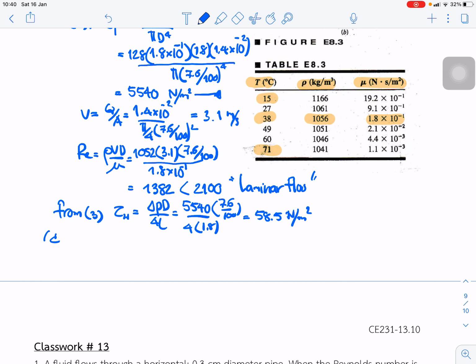And we move to part C. The pressure force is equal to pi over 4 D squared times delta P. Delta P is 5,540, so FP is 25 Newton.